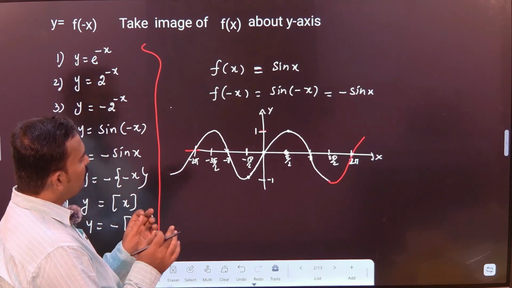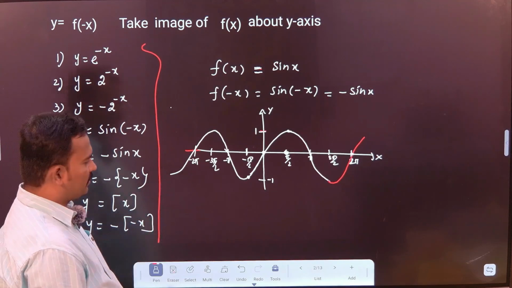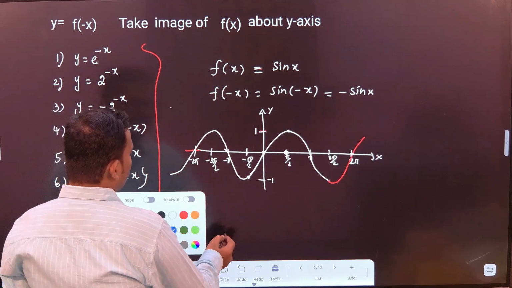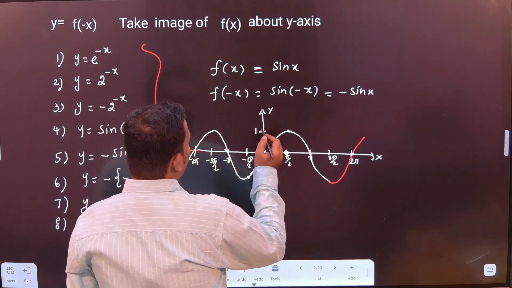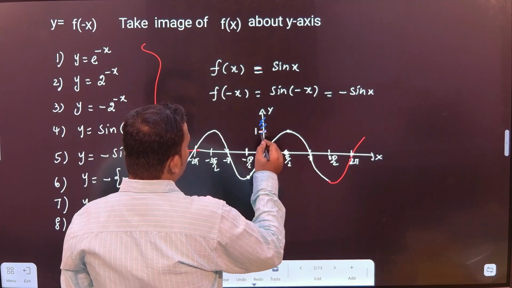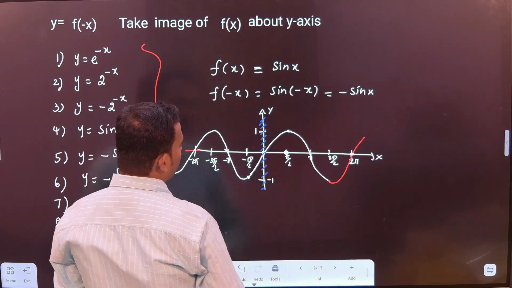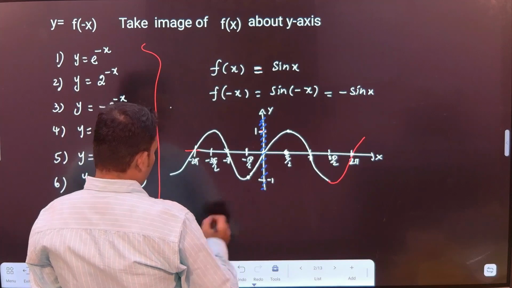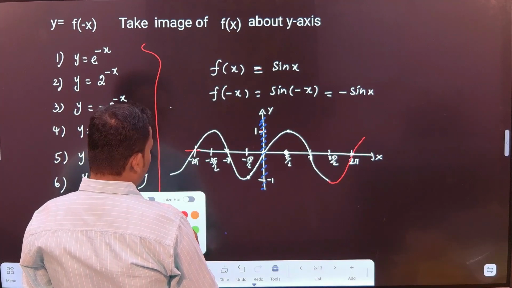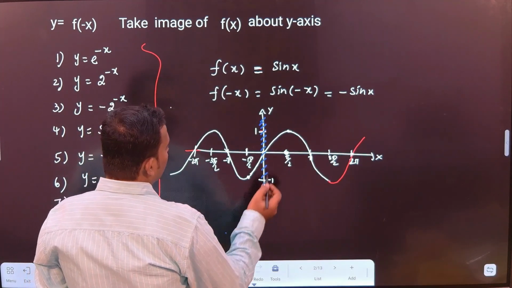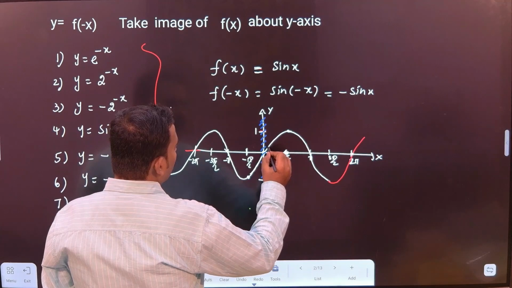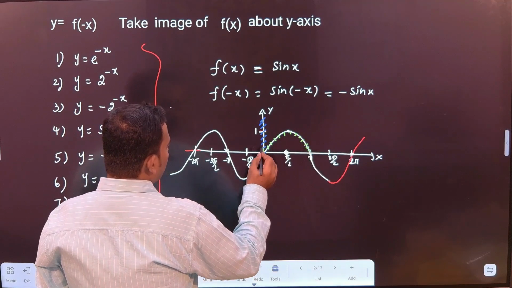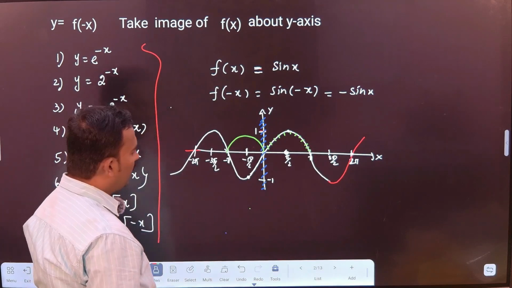Okay. So how to draw the graph of sine of minus x? Very simple. What we can do, just take the y-axis as the mirror. So that means, student, when you take the y-axis as the mirror, you can see that this portion is there, no? This portion will be reflected above the y-axis, like this, okay?